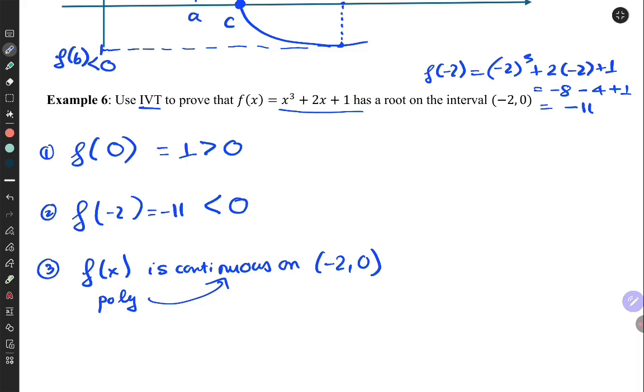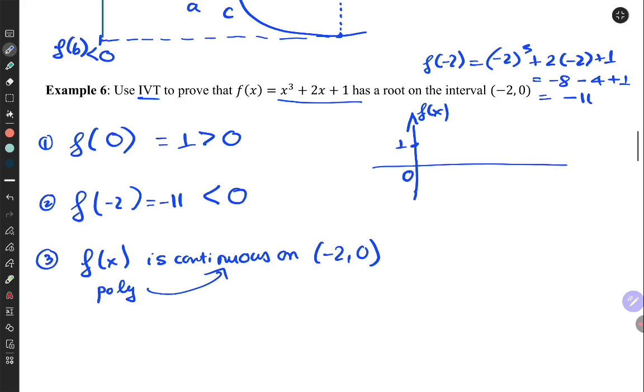Okay, so if I visualize that, now I am able to visualize. f of 0 right here, f of 0 equals 1. I'm going to use this color.